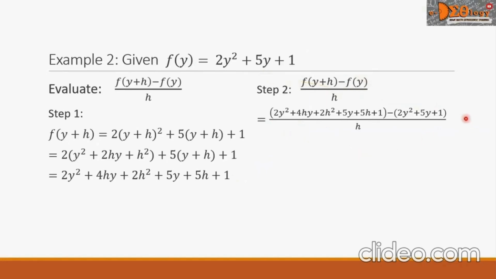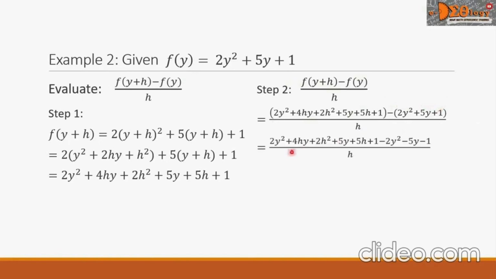We will simplify further. Let us remove the grouping symbols respectively. In the first group, which is a big group, we can directly remove the grouping symbol. While the second group is preceded by a negative sign, so we must change the signs of all the terms of the second group.